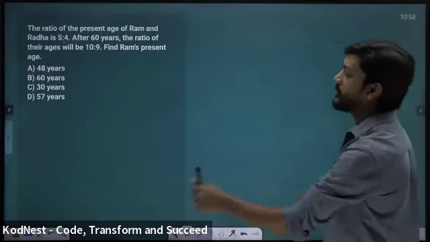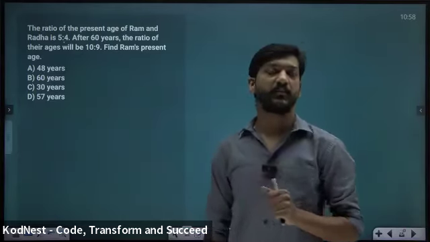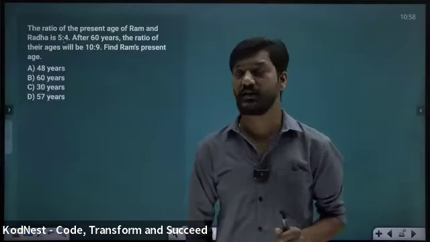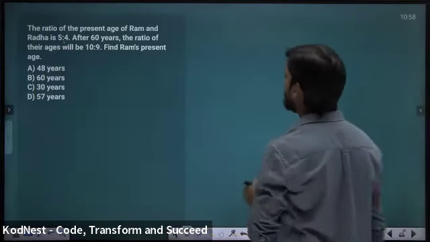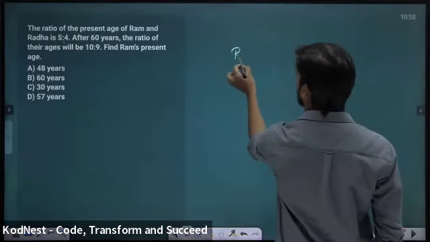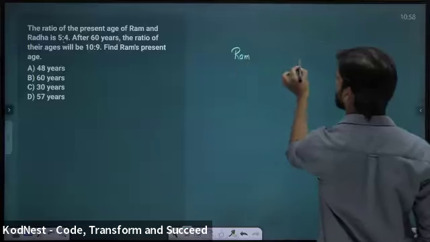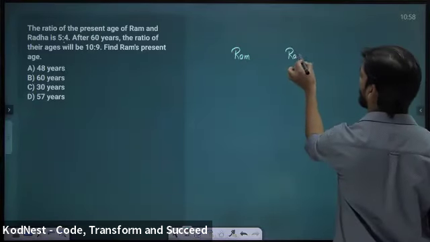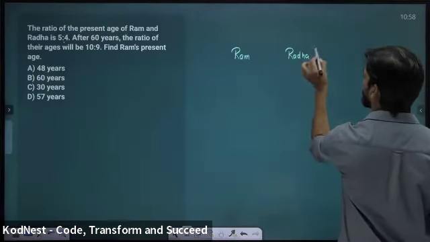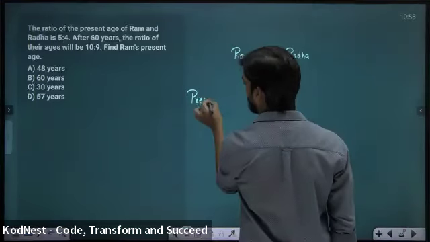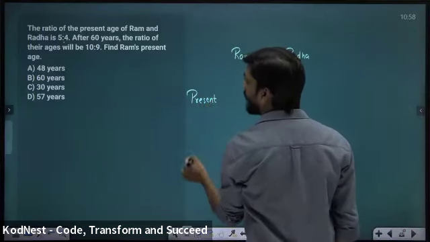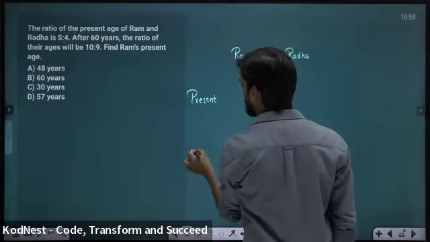All right. So one time is present time and one time is after 60 years. Two persons are there, Ram and Radha. One is present and one is after 60 years.